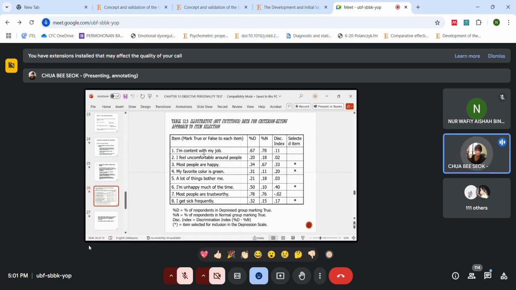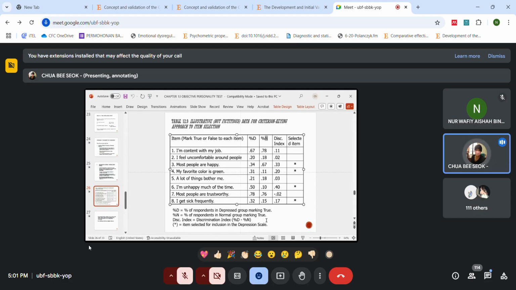So this is the example. After you develop the items to measure, let's say, depression, you test all these items on two groups. D is the depression group, and N is the normal group.